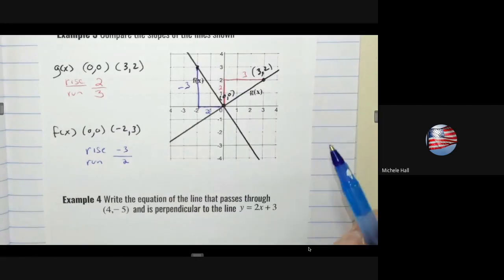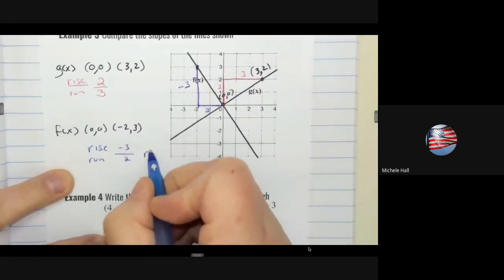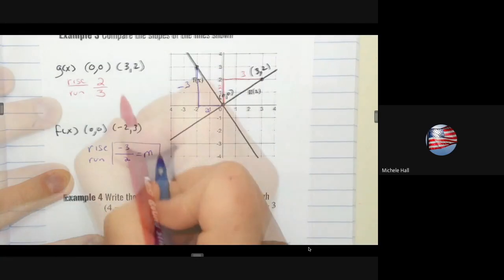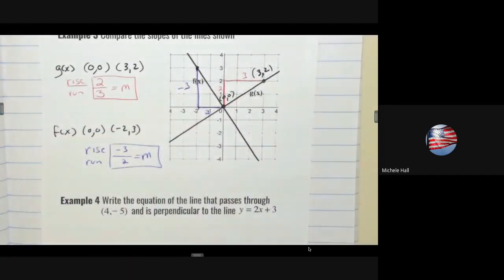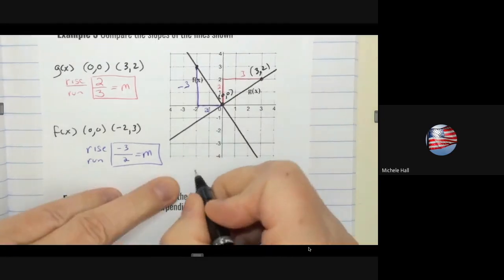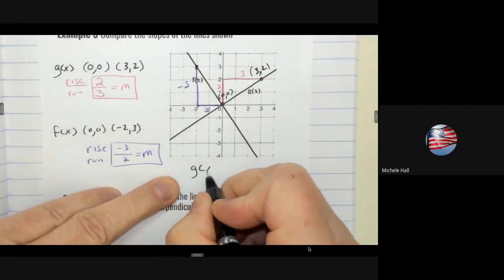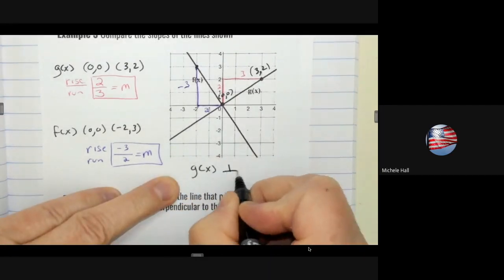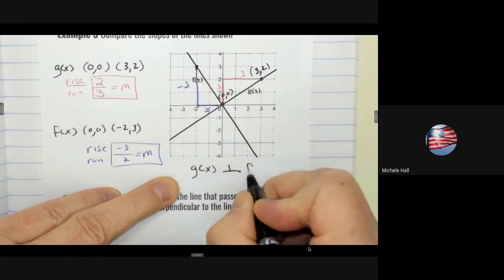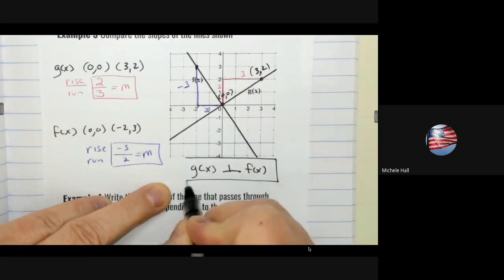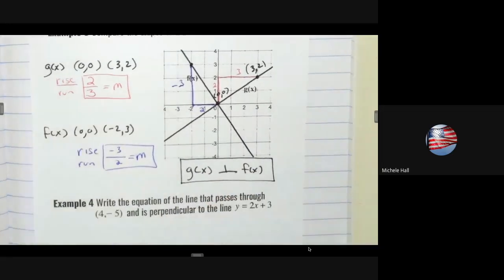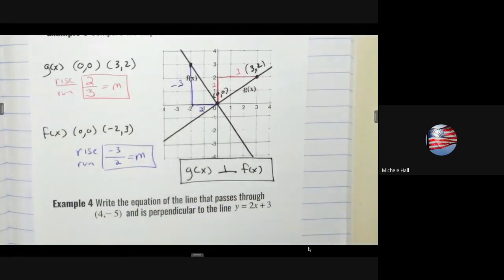Now that we have our evidence for our slope, we can compare them. We would say that g(x) is perpendicular to f(x). Final answer. There's my evidence. I'm not just guessing. I've shown work of how I got my answer.